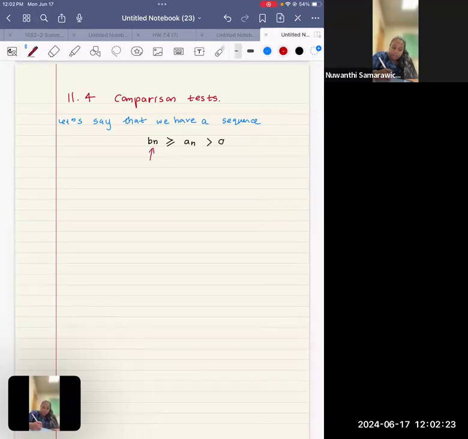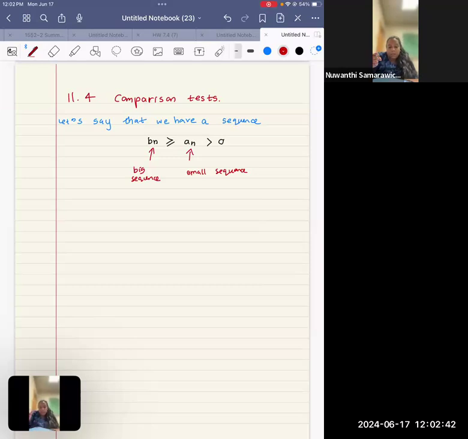This means it's a big sequence, and this is, let's say, a smaller sequence. So now we are comparing two sequences where one sequence is larger than the other sequence.